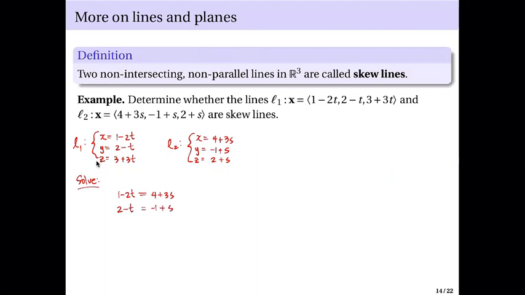And also we equate the z's: 3 plus 3t equals 2 plus s. So we don't want to find a solution, meaning this system must not have a solution in order to conclude that L1 and L2 are not intersecting.